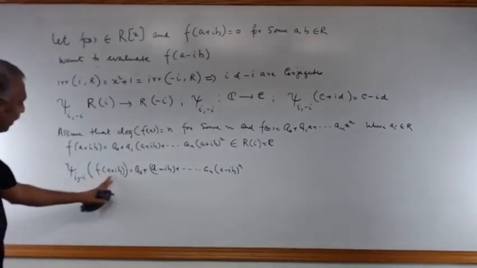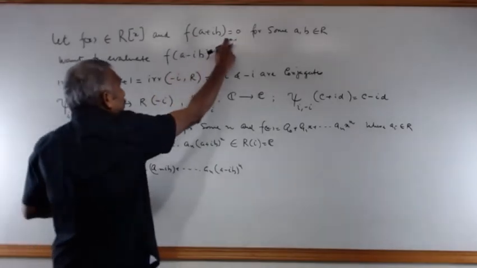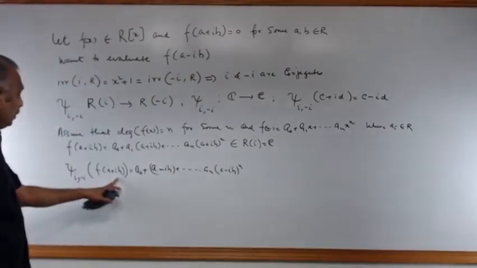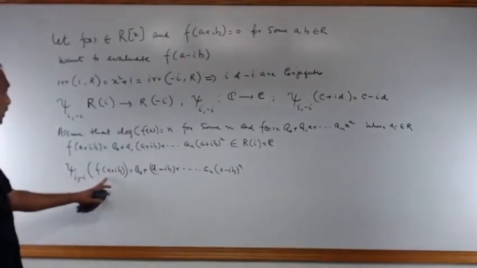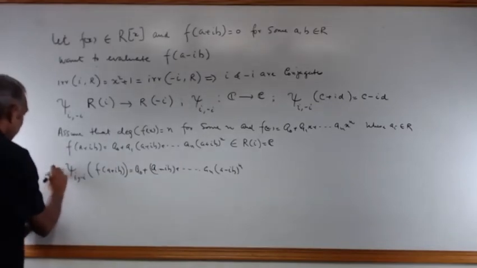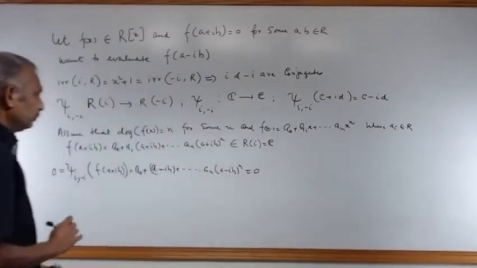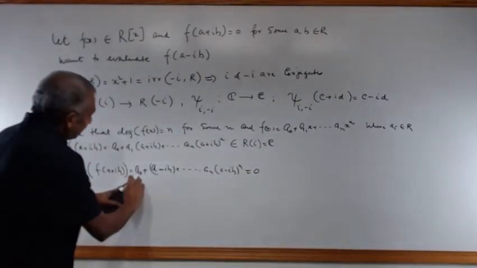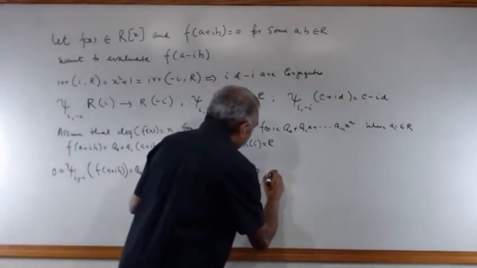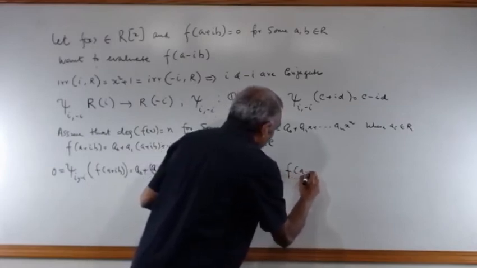And f of a plus ib, we are assuming that is 0. So psi of 0 is actually 0. So this is equal to 0. And what is this? This is nothing but f of a minus ib.